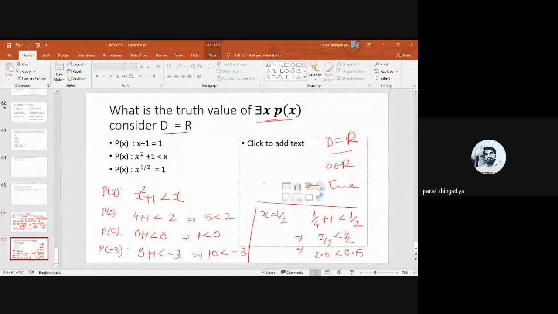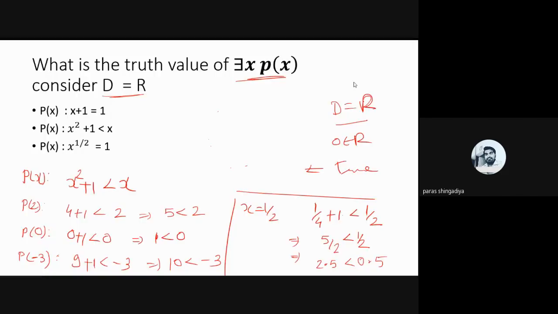Okay, so let's discuss the example related to the existential quantifier. What is the answer of the third one?